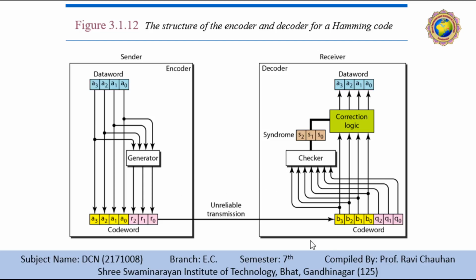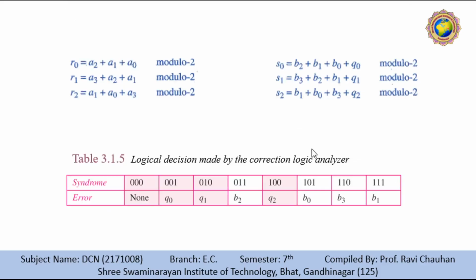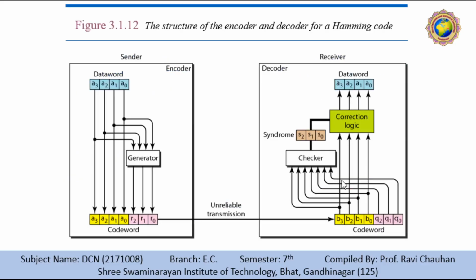A checker at the decoder creates a 3-bit syndrome S0, S1, S2, where each bit is a parity check for 4 out of the 7 bits received in the code word. S0 is equal to B2 plus B1 plus B0 plus Q0, S1 is equal to B3 plus B2 plus B1 plus Q1, and S2 is equal to B1 plus B0 plus B3 plus Q2. The equations used by the checker are the same as those used by the generator, with the parity check bit added to the right hand side of the equation.